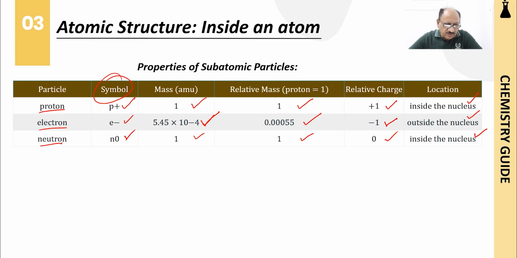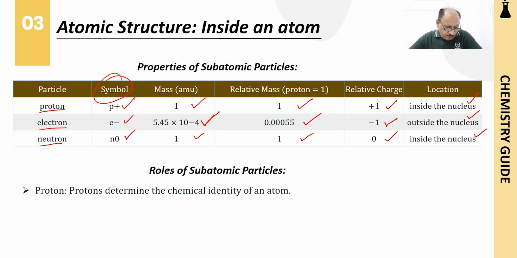Then we will have to discuss the role of subatomic particles. Protons, electrons, and neutrons are known as subatomic particles. Protons determine the chemical identity of an atom. We are identifying the elements on the basis of the number of protons. If you see the periodic chart, every element has a specific number of protons.